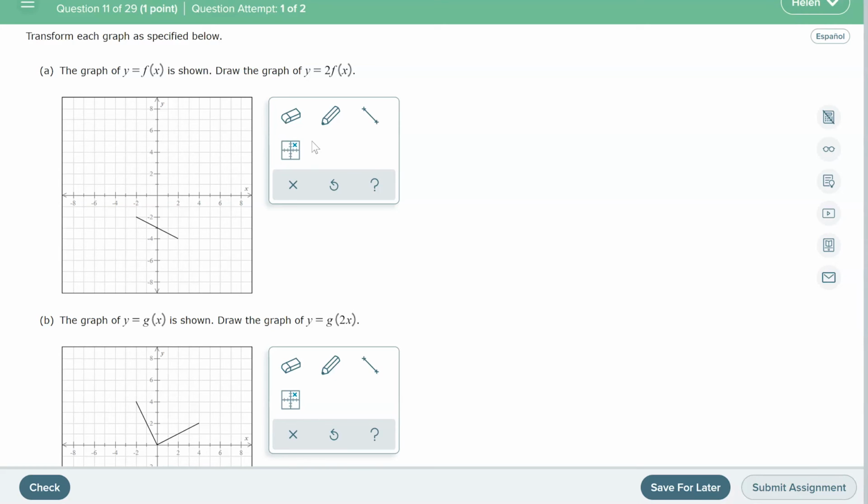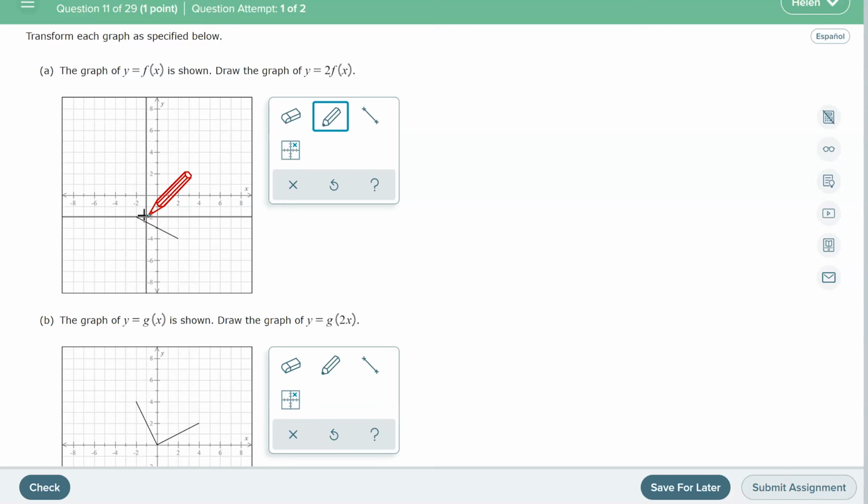That 2 is outside of the f notation, which means I'm timesing the y values by 2. Now, how am I going to do that? I'm going to start with my pencil button, so I can graph that. So now this point is over here at -2, -2. And what I'm going to do is make the y's twice as tall.